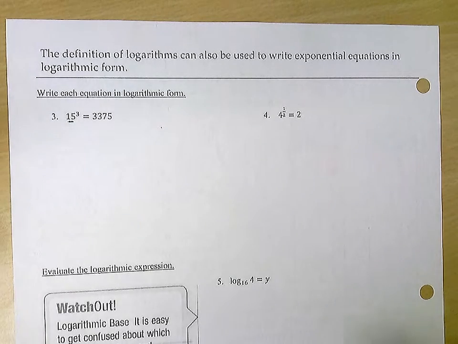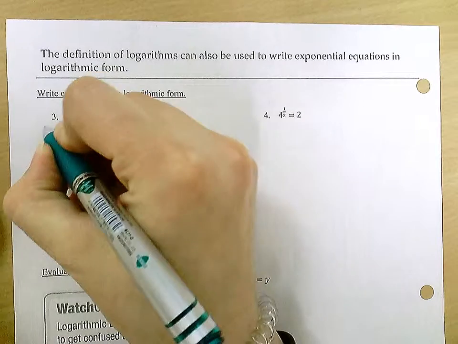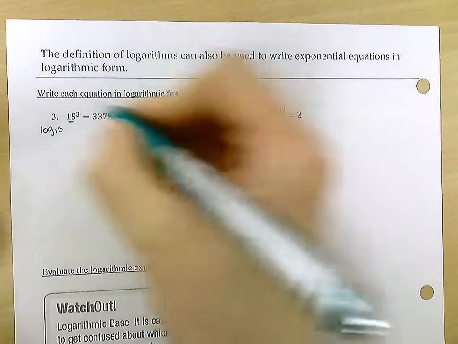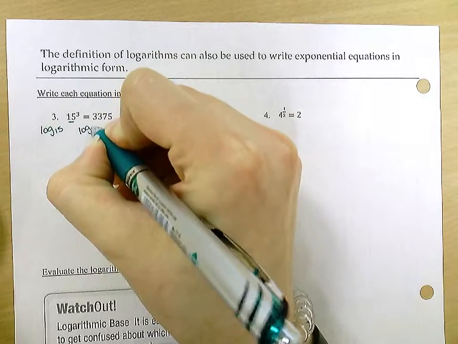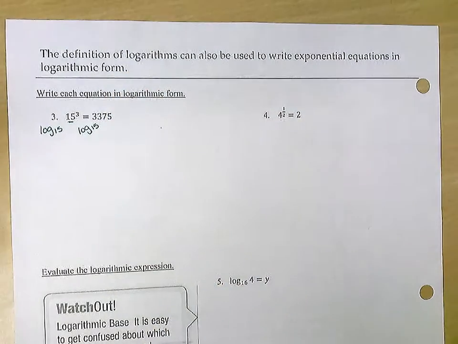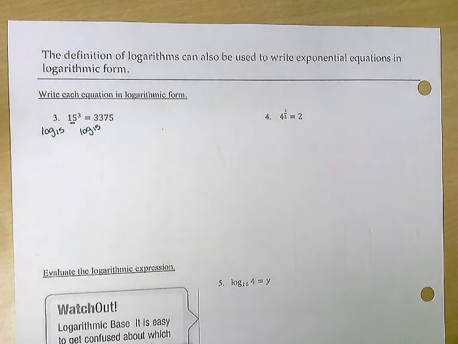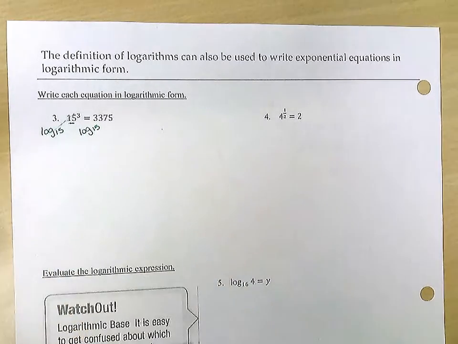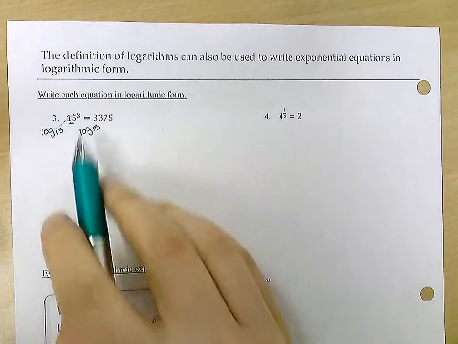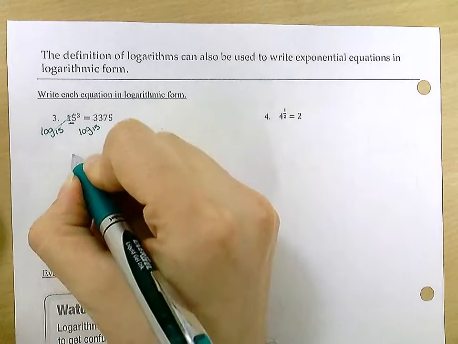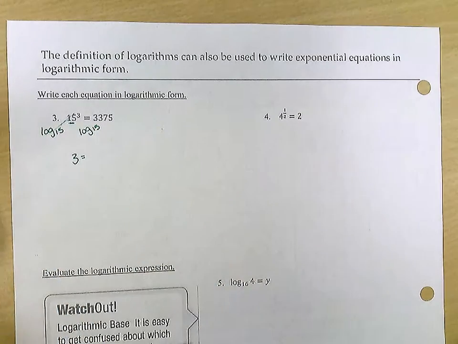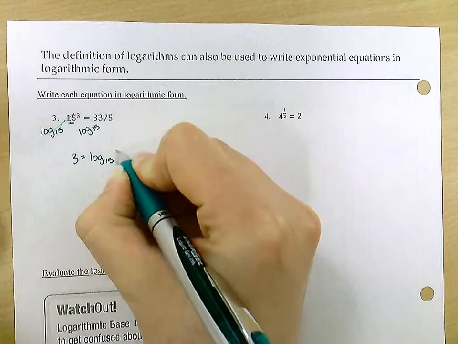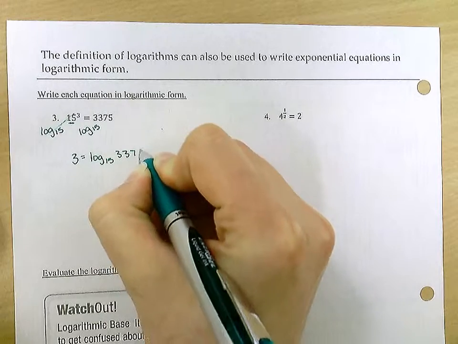Since my base is 15, I'm going to bring in a log base 15 to both sides. On the left, that cancels each other out. So you're left with 3 is equal to log base 15 of 3,375.